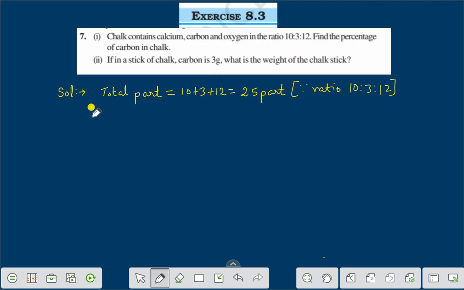Therefore, we are writing that part of carbon is equal to 3 by 25.